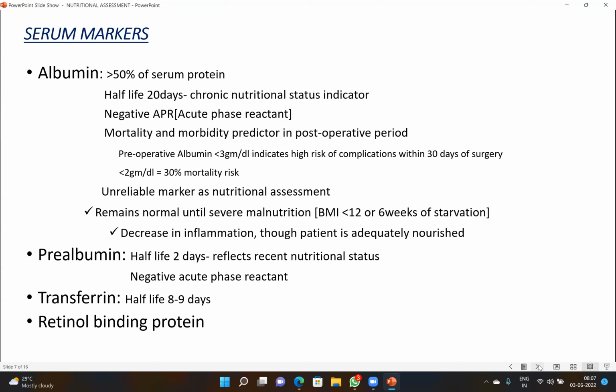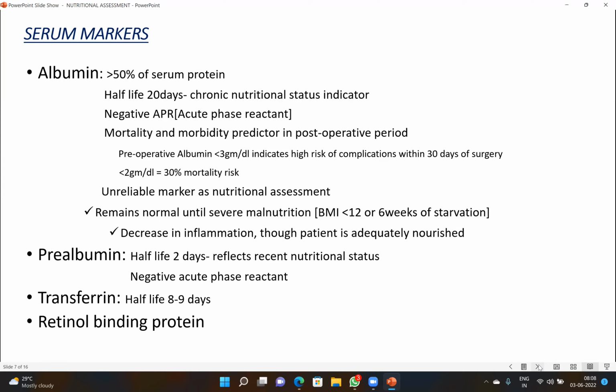If preoperative albumin is less than 3 gram per deciliter, it indicates high risk of complications within 30 days of the surgery. Less than 2 gram per deciliter pre-op albumin indicates 30% mortality risk.